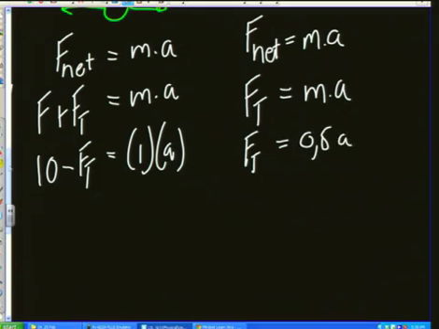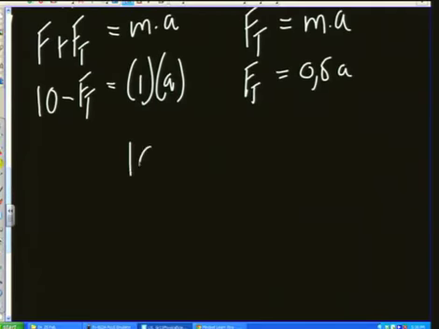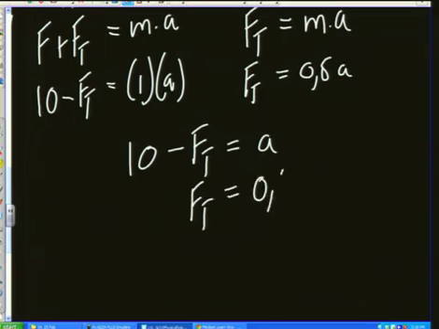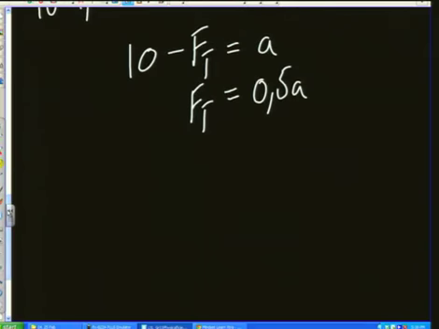Now I'm going to combine those two, and I'm going to do it like this. I'm going to write this one up at the top, 10 minus Ft is equal to a, and the second one, Ft is equal to 0.5a. Now look at this, this is really interesting.